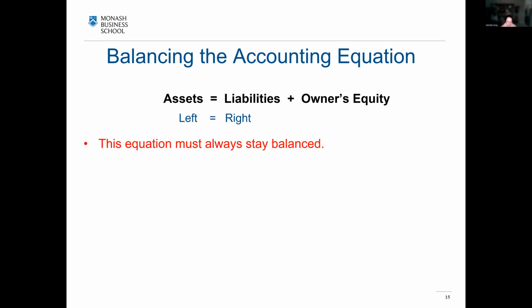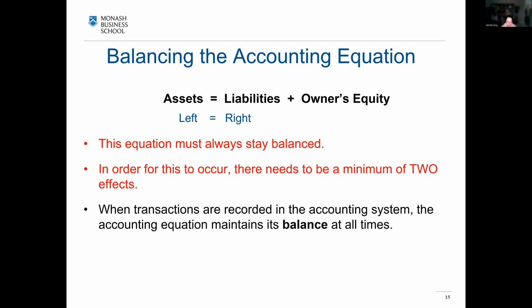So what you have on the left-hand side, which in this case is just assets, must always equal what you have on the right-hand side, which in this case is the total of liabilities plus owner's equity. And in order for this equation to be balanced at all times, in every single transaction, there has to be at least 2 accounts affected.